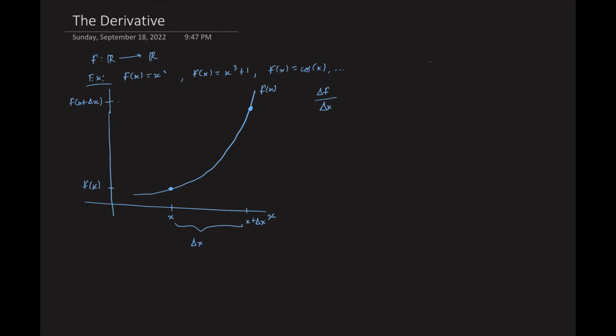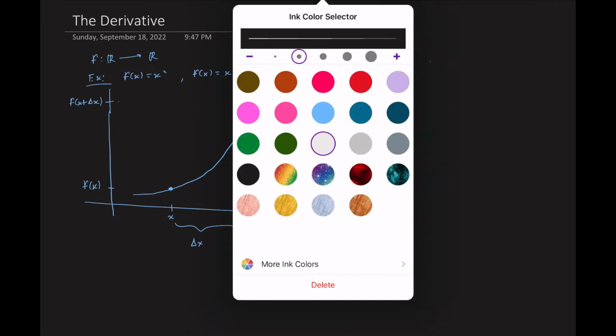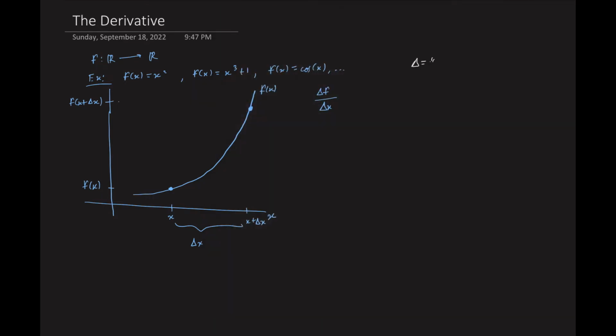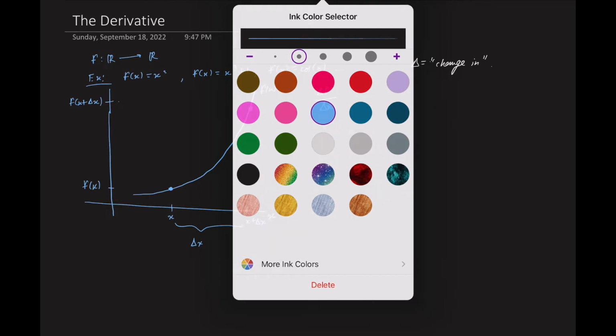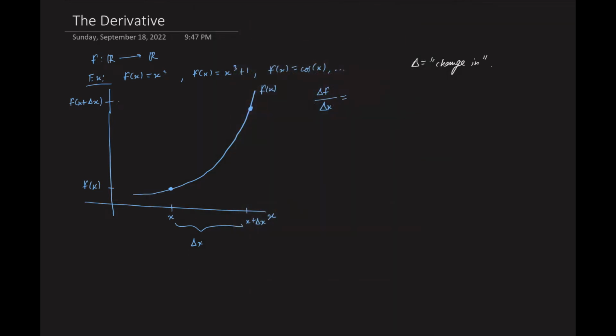Over here, delta just means change in. So delta f over delta x is the change in f, which is f evaluated at x plus delta x minus f at x over the change in x, delta x.